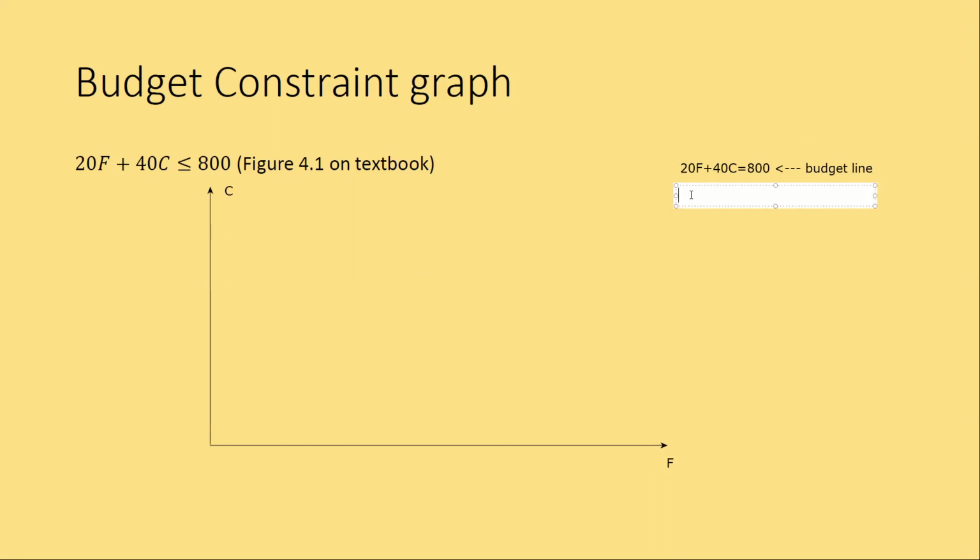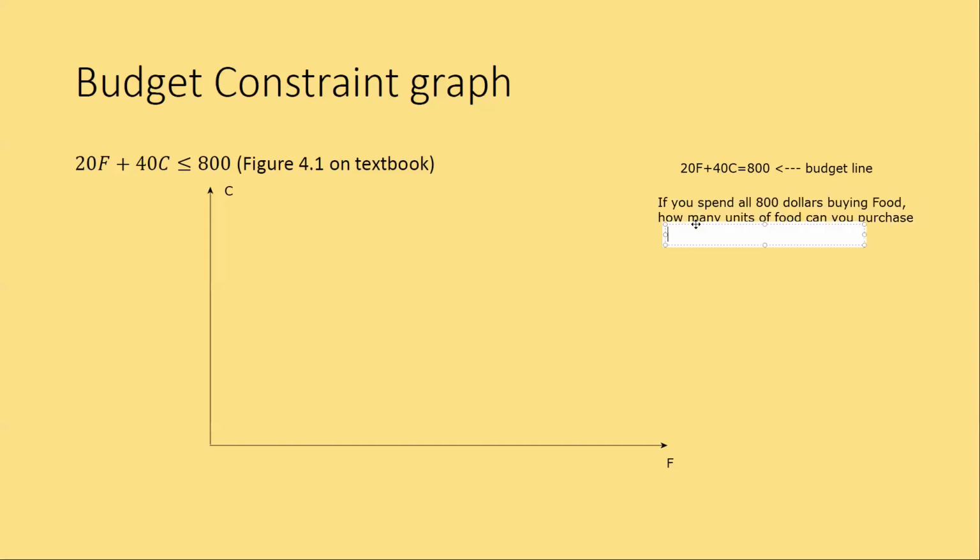So the first question is, if you spend all of your income purchasing food, how many units can you purchase?